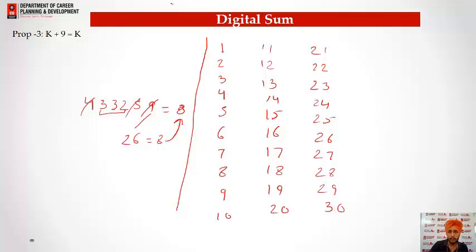So if I want to check the digital sum of these numbers, here we have 1 to 9, all single digit numbers. So can I say the digital sum of these numbers is itself a single digit number?